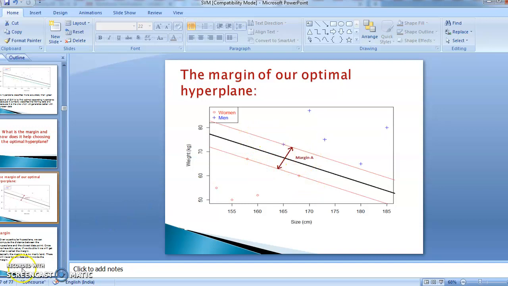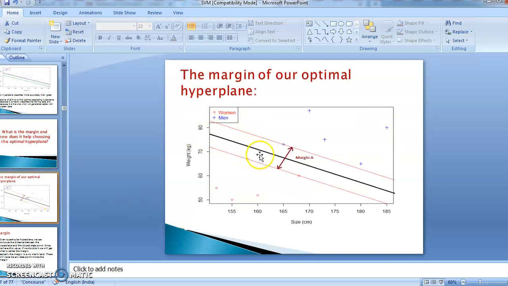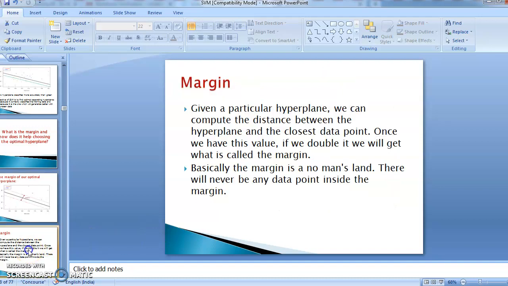Basically, the margin is the particular area inside which you will never see a data point. You won't see any data point lying between the margin.